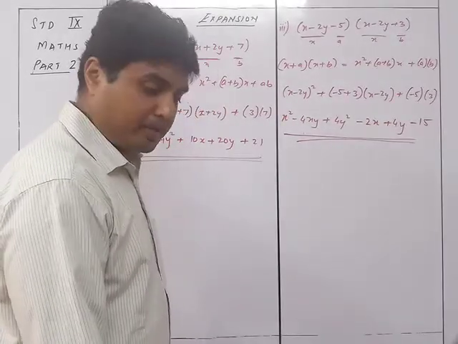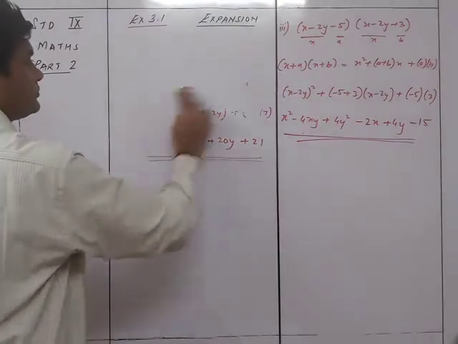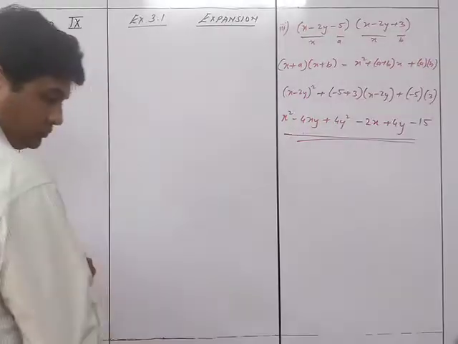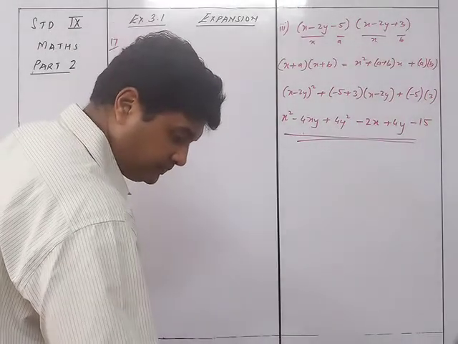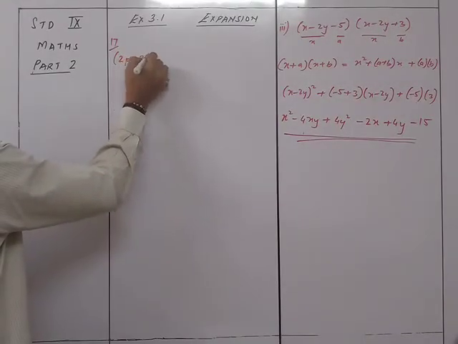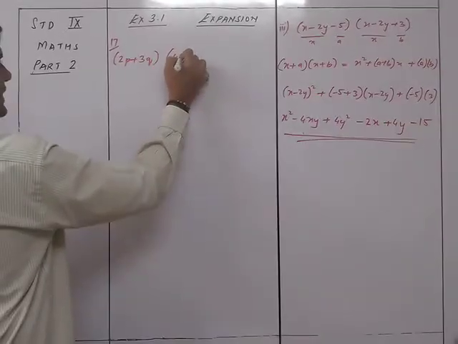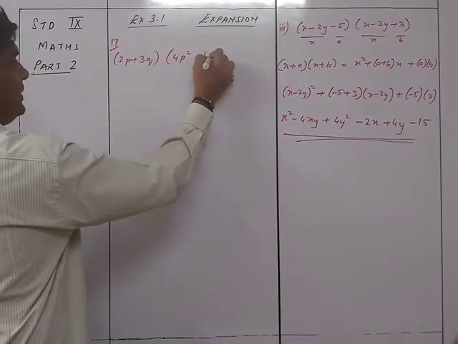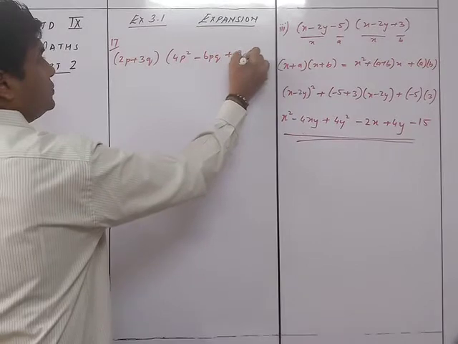We now move on to sum number 17. The first is given as (2p + 3q) into (4p square minus 6pq plus 9q square).